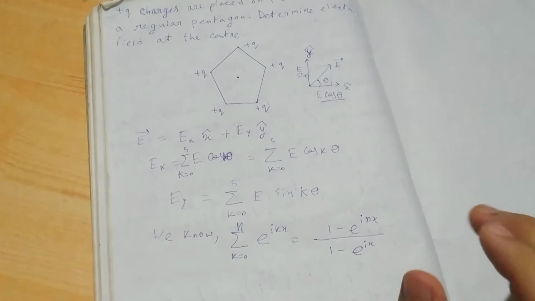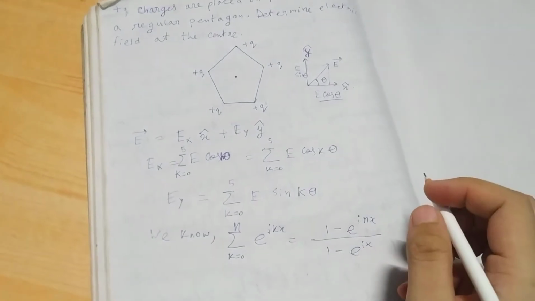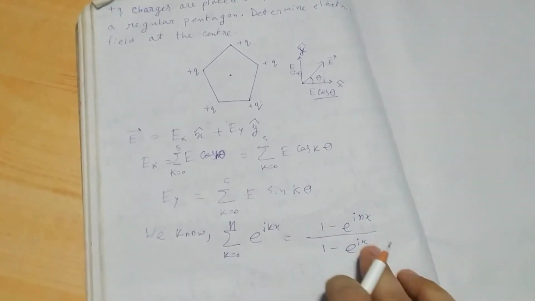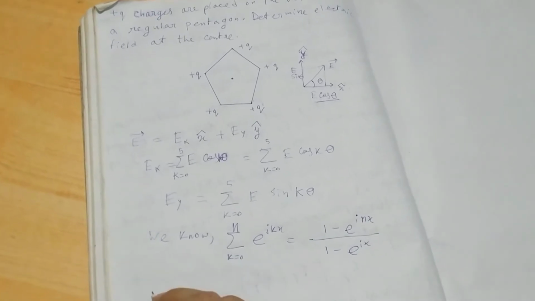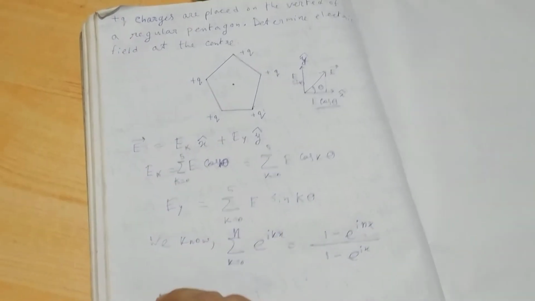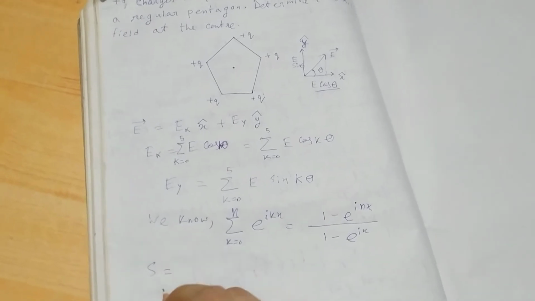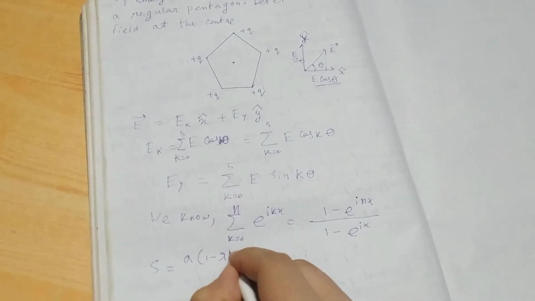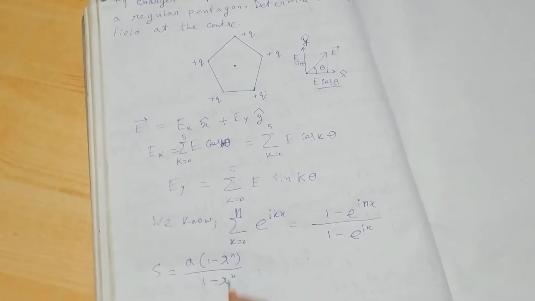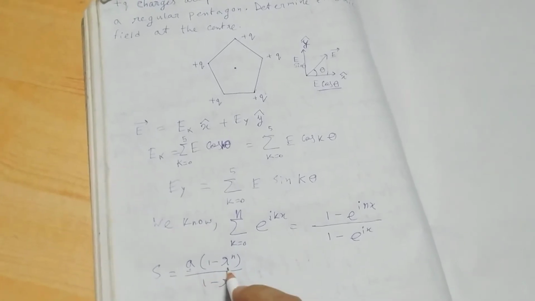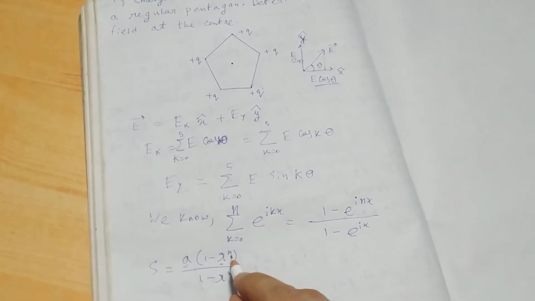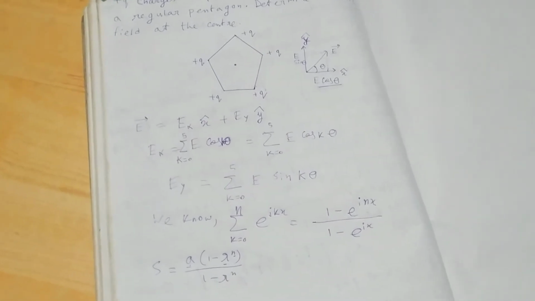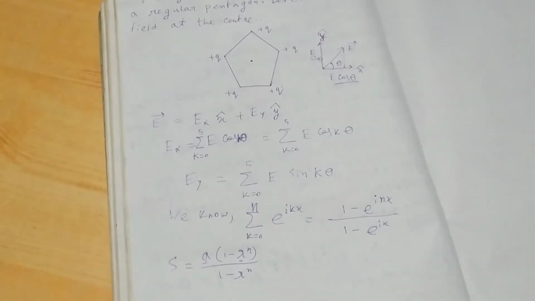This is actually a GP series, and the sum S of a GP is A times (1 minus r to the power n) by (1 minus r), where A is the first term, r is the common ratio, and n is the number of terms. This is the formula for the sum of a GP series.